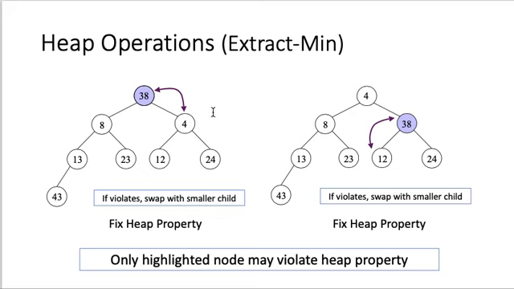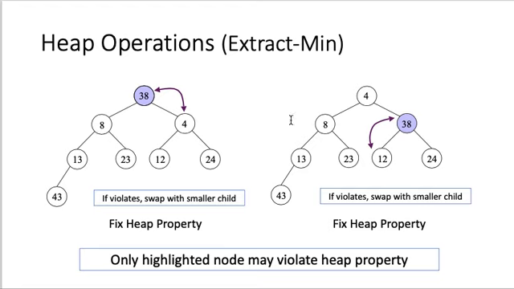The reason is that we can show that at any time, only the highlighted node and its children, so this edge and this edge, may be violating the heap property. All the other edges, like this edge, this edge, this edge, were in the previous heap, so they are all okay in terms of the heap property.